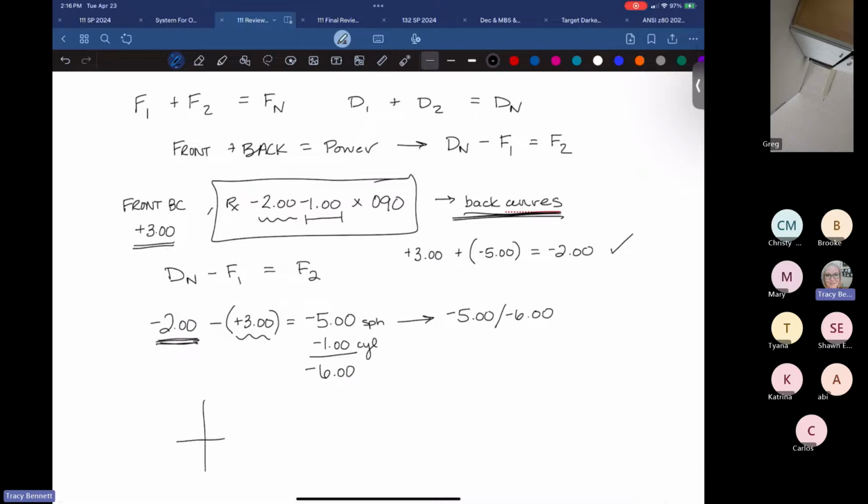If you look at that on your series of lens crosses, okay, this guy right here is my nominal power. So -2 at 90, putting this on the optical cross. And then we'll go -1 from here. So I need a -3 at 180.